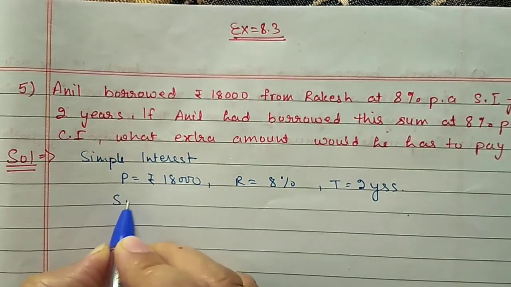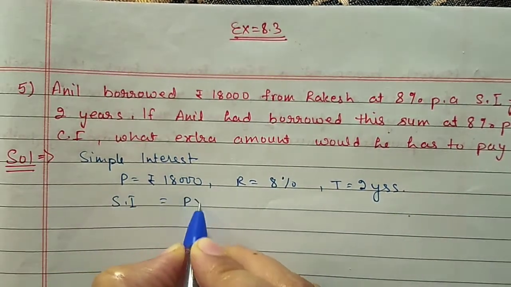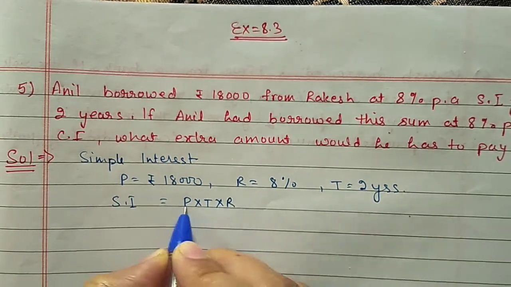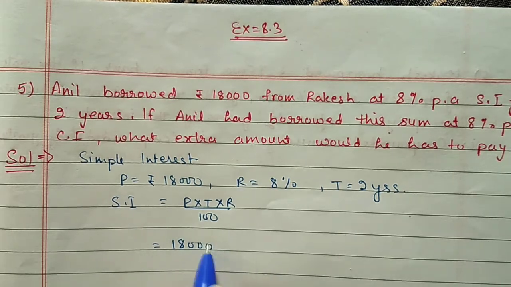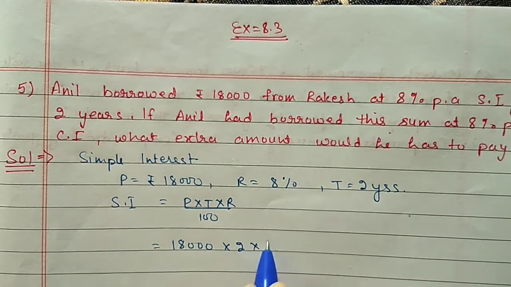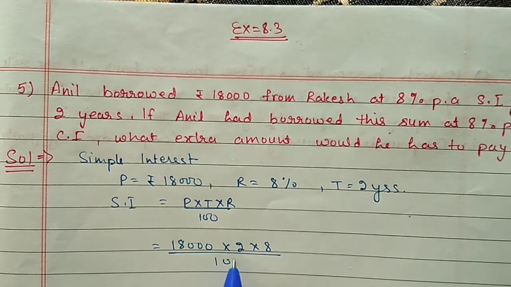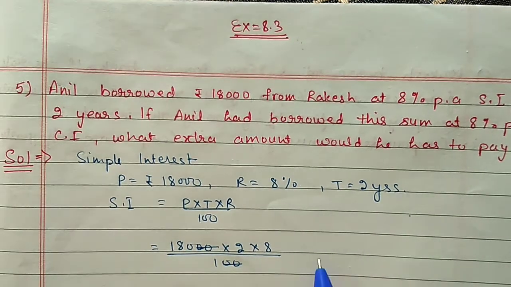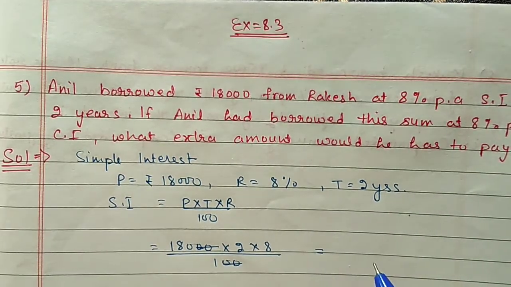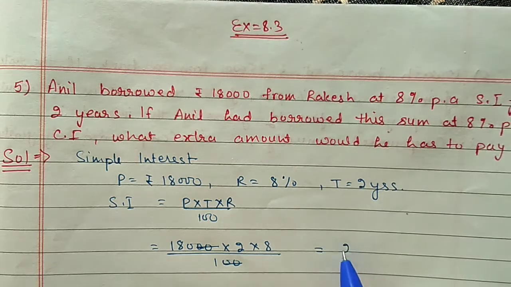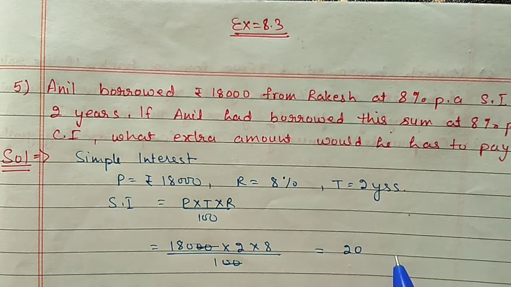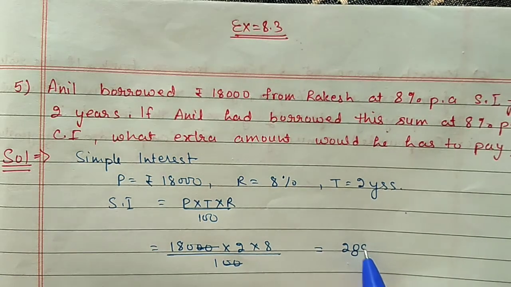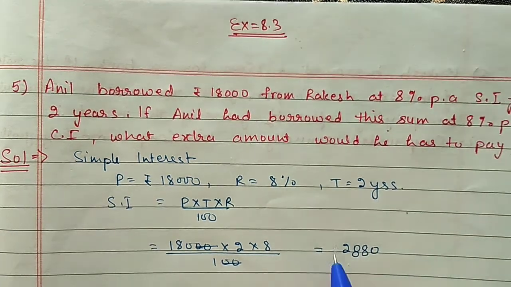So simple interest is P into T into R by 100. 18,000 multiply by 2 into 8 by 100. So two zeros directly we can cancel out and then we will get here simple interest 2,880 rupees.